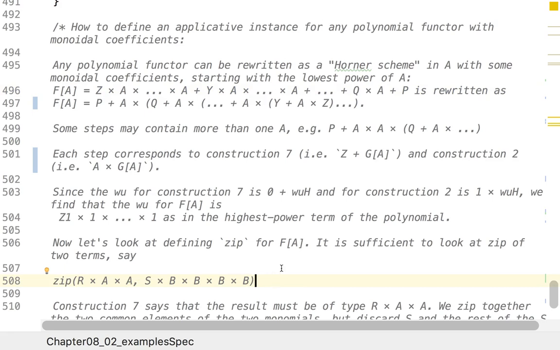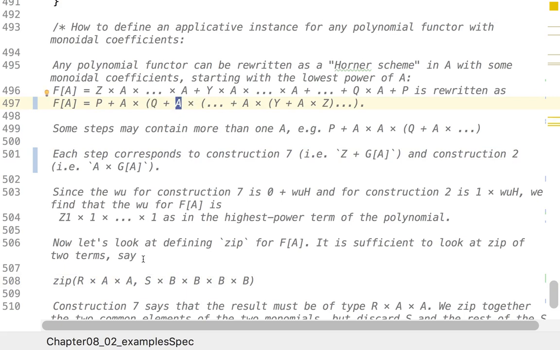So let's see. Construction 7 says that the result of these is of type RAA, because construction 7 says if one of them is on the left, we discard what is on the right. In other words, if we are here, for example, we discard this.